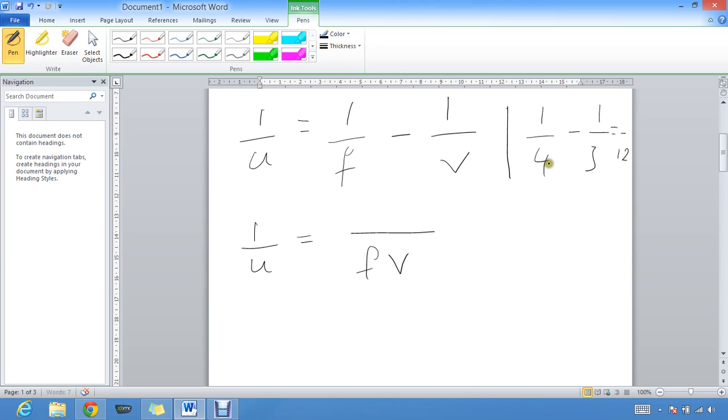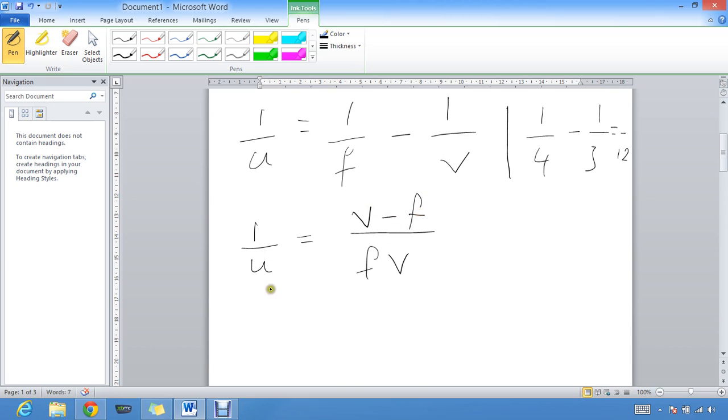Now just in this case, look, 4 times 3 gives me 12, so 1 times 3 will give me 3 on top. So just same thing here, f times what will give me fv, be v, so 1 times v is v, minus v times what will give me f, will be f, so 1 times f is f. So you end up with a fraction like this.